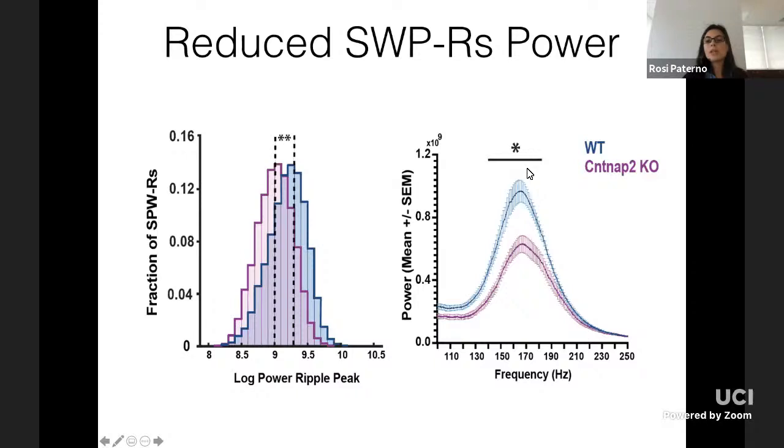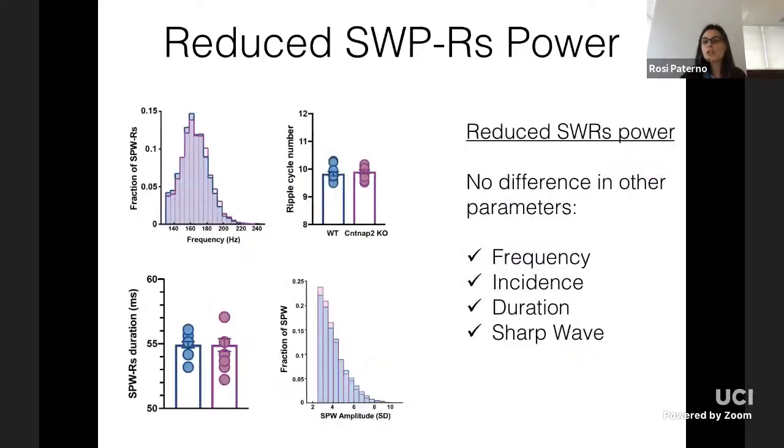But also, when we average all the events in each session, the power spectrum shows the same feature: there is a decrease of sharp-wave ripple power. All the other features of sharp-wave ripples were normal, but I want to point out in particular that there was no difference in the depolarization wave coming from CA3.